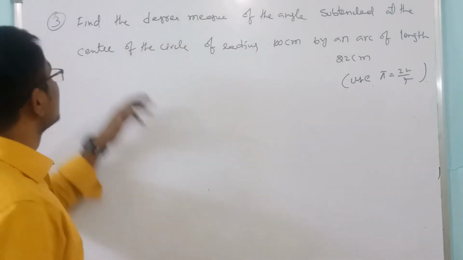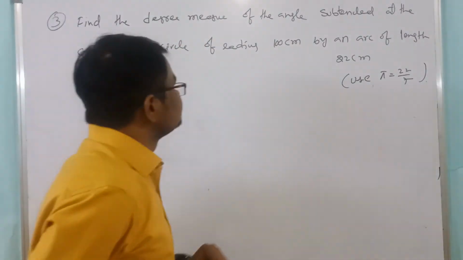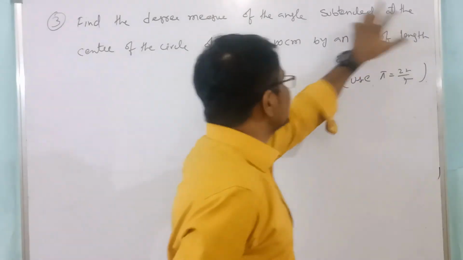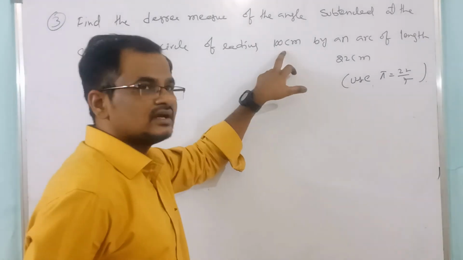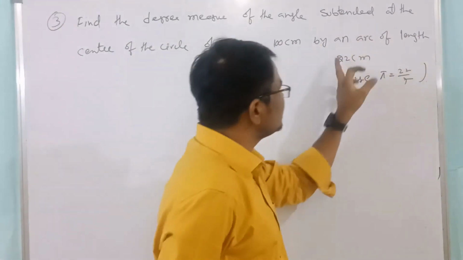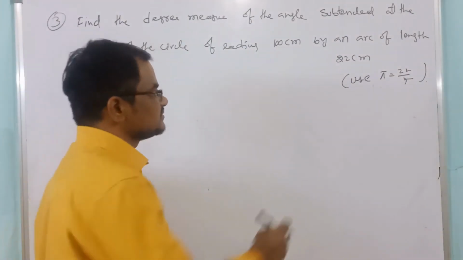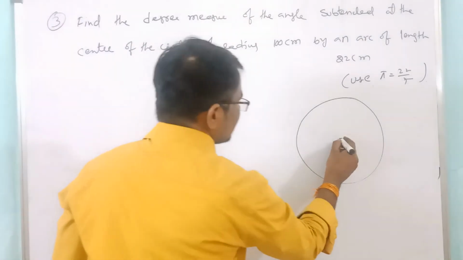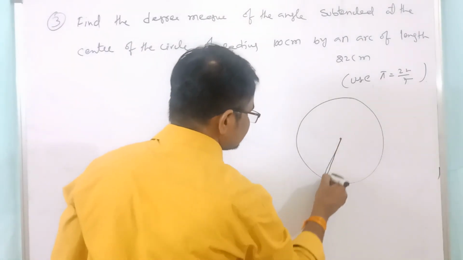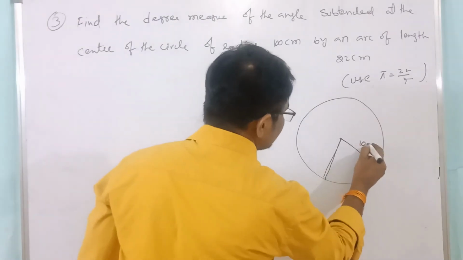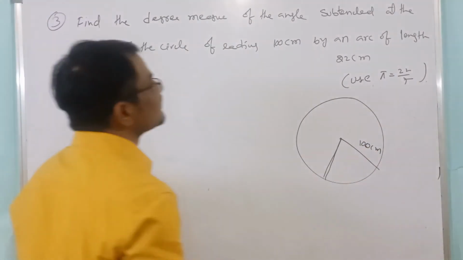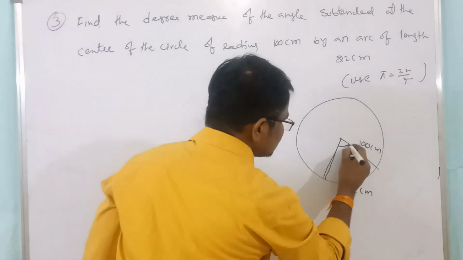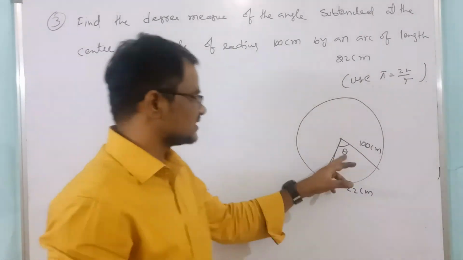problem. Find the degree measure of the angle subtended at the center of the circle of radius 100 centimeters by an arc of length 22 centimeters. What is given? One circle of radius 100 centimeters is given, and an arc of length 22 centimeters. Here the angle is there, that angle is asked.